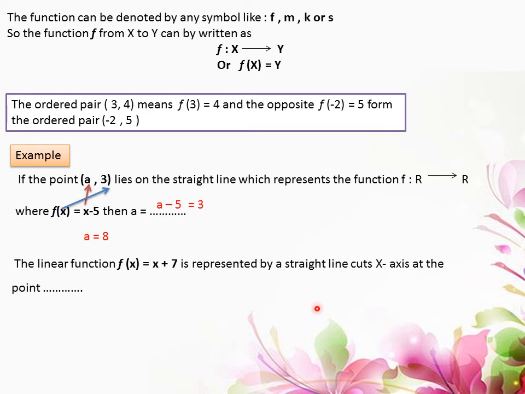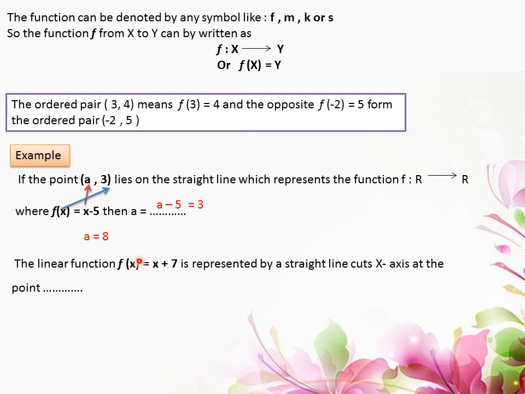If we want the point where the straight line cuts the x axis, we will replace f of x by 0, because the second projection, the y coordinate, is 0.